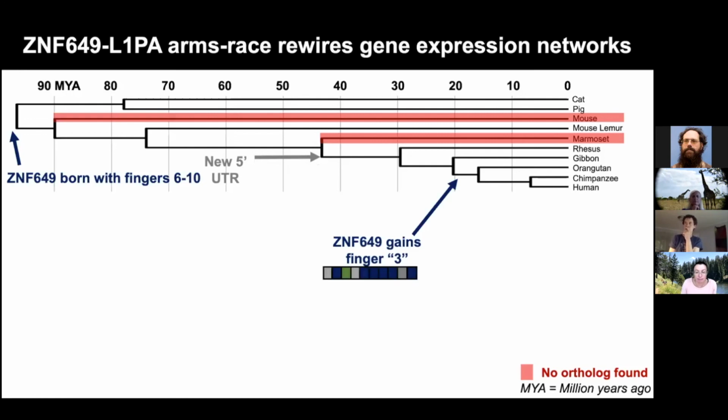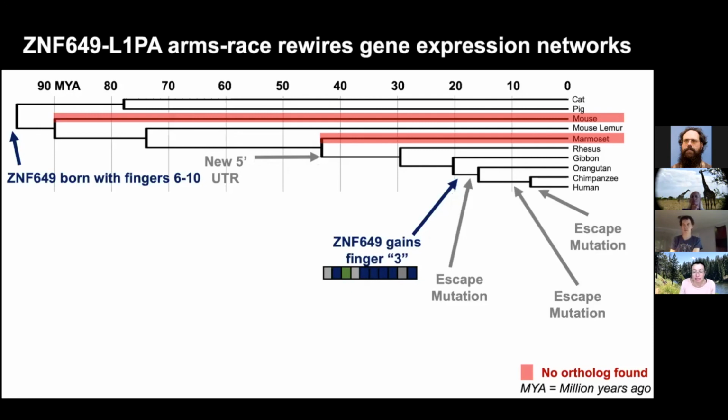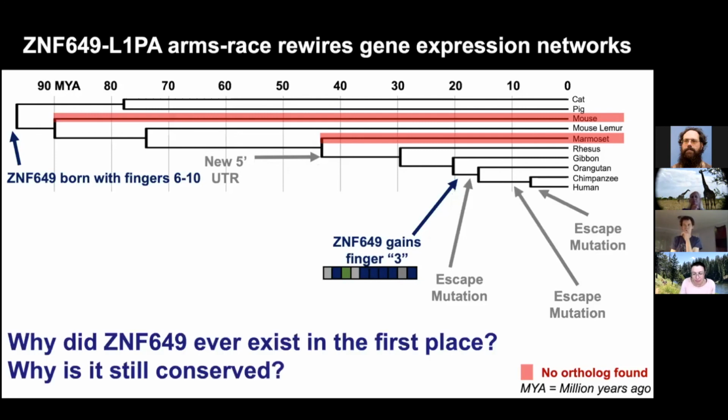And a bit after that, at the divergence of the lesser ape gibbon from the rest of the great apes, ZNF649 actually gained a third finger, and that seems to have been critical for it to be able to repress L1PA4 elements, which then gradually escaped regulation by 649.